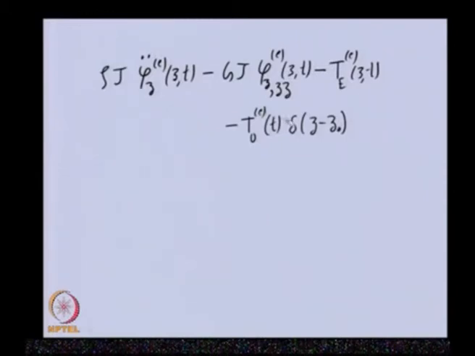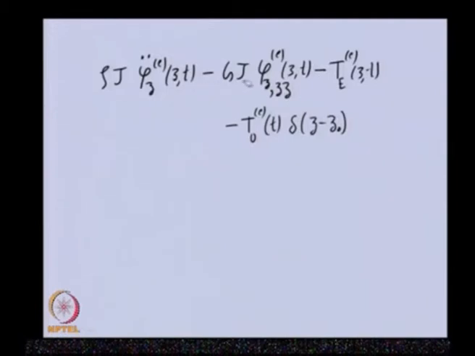If the torque is within the element, only then will it contribute, otherwise it will not. So if z naught is within the element, only then will it appear. Similarly, the external distributed torque, if it is within the element, will contribute in the equation of motion.